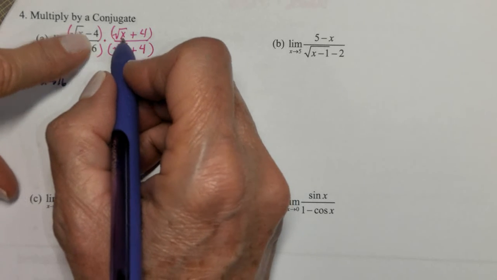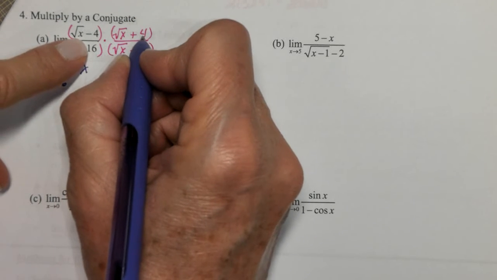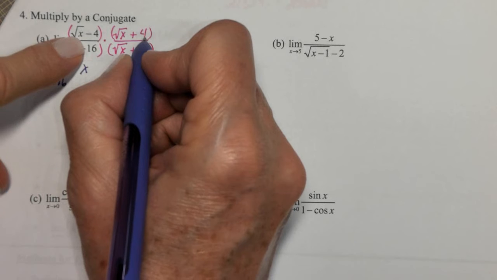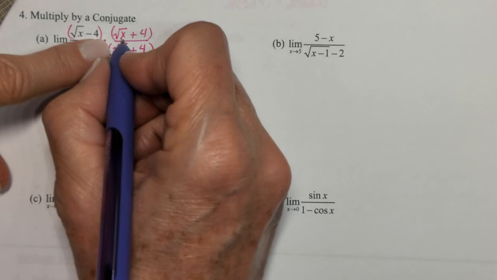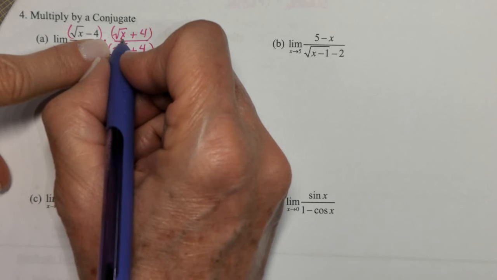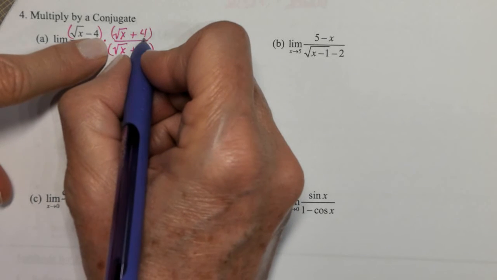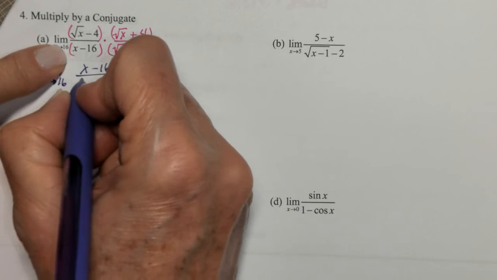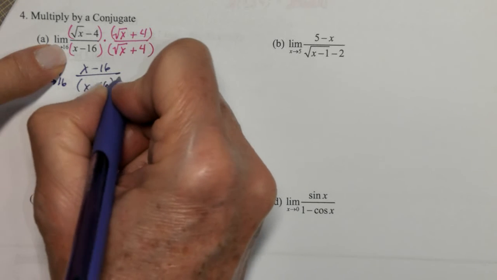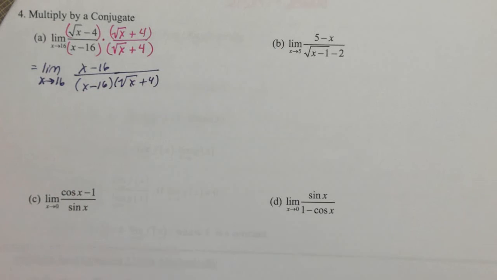So square root of x times square root of x is x. The middle term here will cancel out. So this is a 4 square root of x minus 4 square root of x. They cancel each other out, which is exactly why we multiply by a conjugate, right? So they cancel each other out, and then our last term will be a negative 16. On the bottom, we have x minus 16, which is why we do not multiply out the bottom.